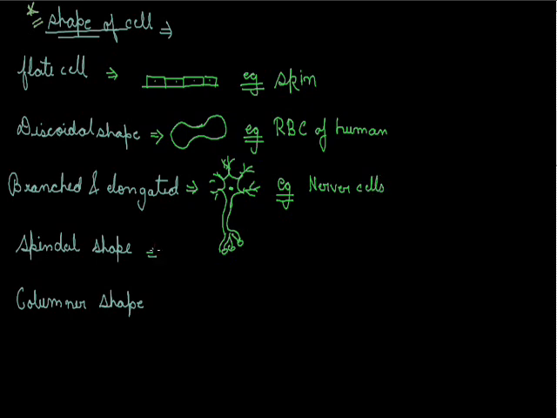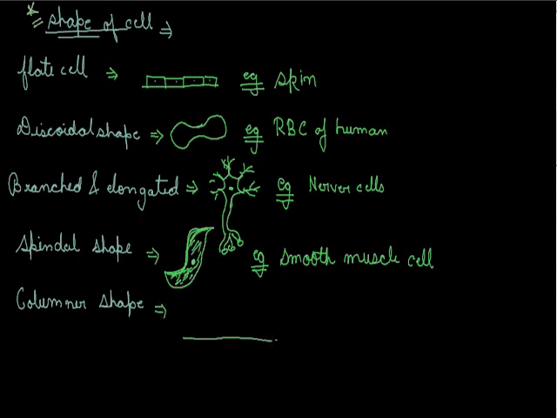The next shape is the spindle-shaped cells, and these are found in the smooth muscles. Smooth muscle cells are spindle in shape.